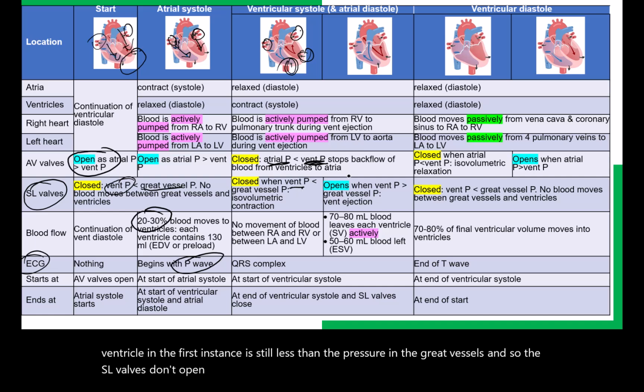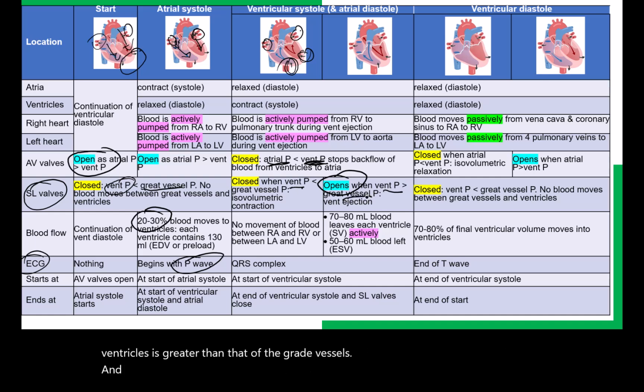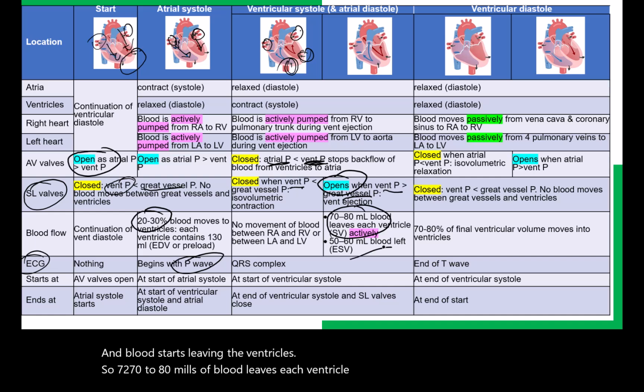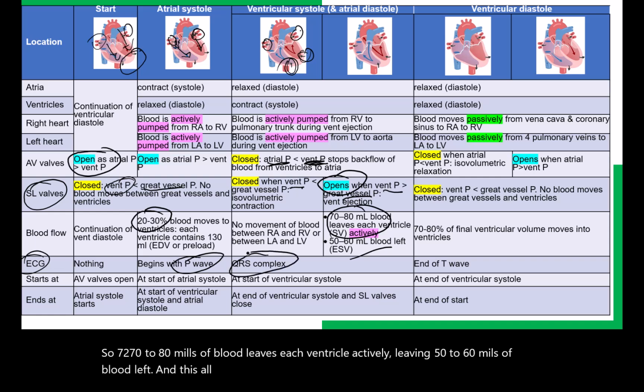The SL valves then open only when the pressure in the ventricles is greater than that of the great vessels and blood starts leaving the ventricles. So 70 to 80 mL of blood leaves each ventricle actively, leaving 50 to 60 mL of blood left. And this all happens during the QRS complex.